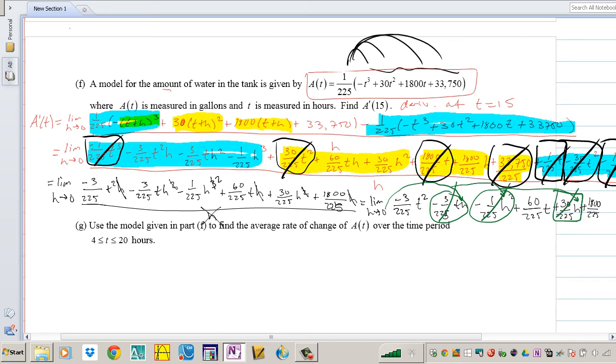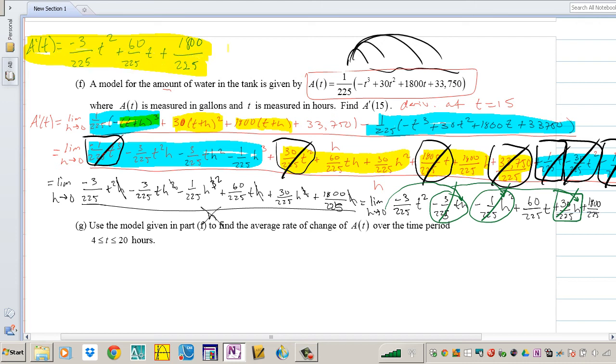What survives is A prime of t equals negative 3 over 225 t squared plus 60 over 225 t, and then plus 1800 over 225. Now there's my derivative.